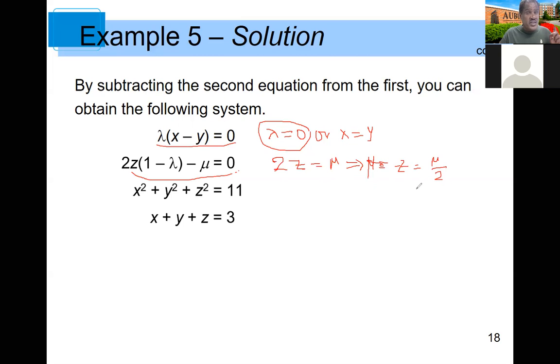But we just said mu is 2, so this is 2 over 2, which is equal to 1. Okay, so z is 1.